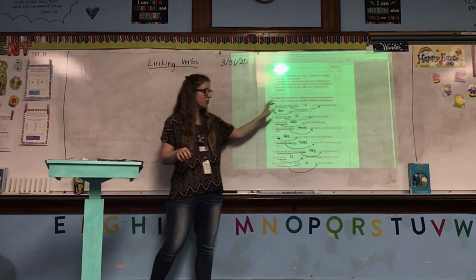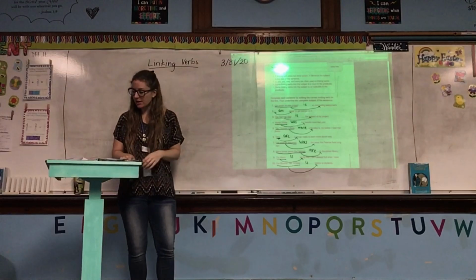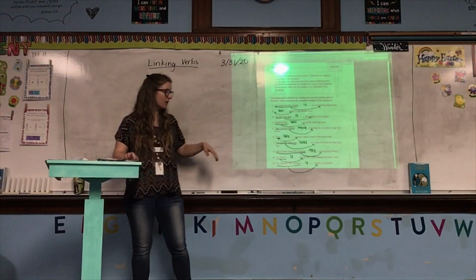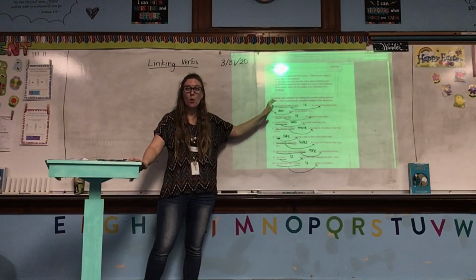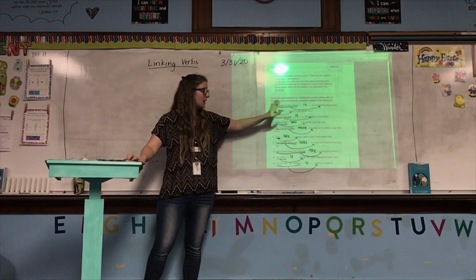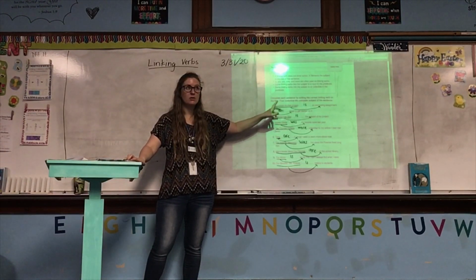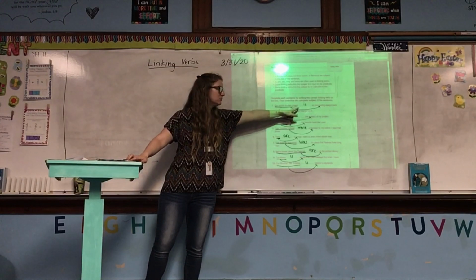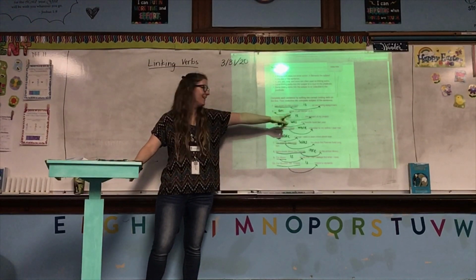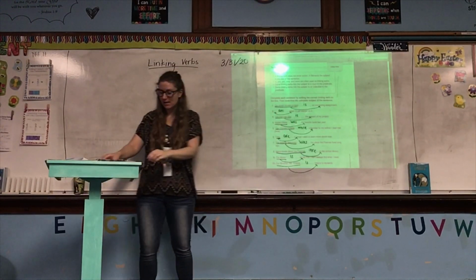Okay, make sure that you have written all of this, because in your independent practice, there is somewhere where you are going to have to show what part of the predicate the linking verb connects the subject to.